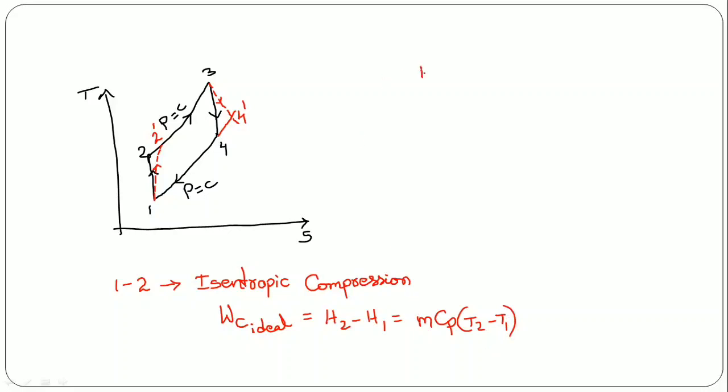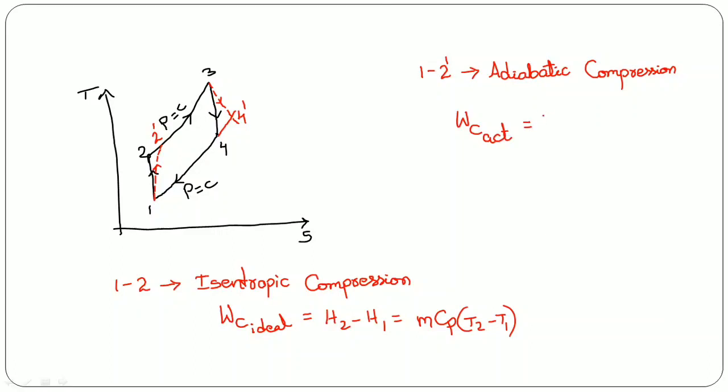Whereas process 1 to 2 dash is adiabatic compression. This adiabatic process is an irreversible process. So the work input that we are giving during adiabatic compression is the actual work input.